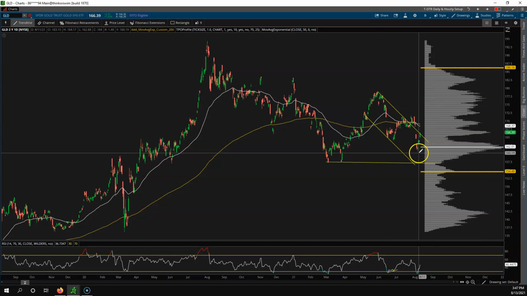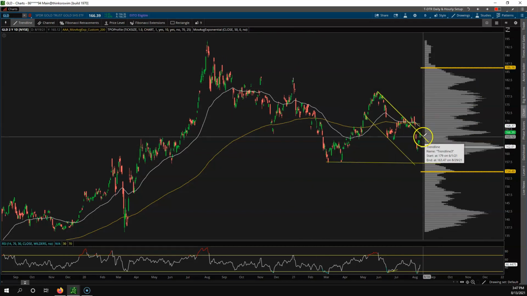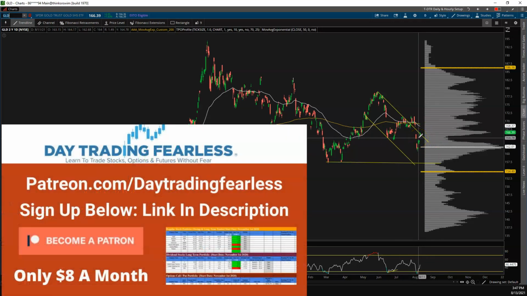education on here. But with gold, interesting pattern on gold. Everybody's so bearish, it's almost like you gotta become bullish on it. But we actually do in the trading portfolio, my Patreon portfolio. It's only $8 a month.